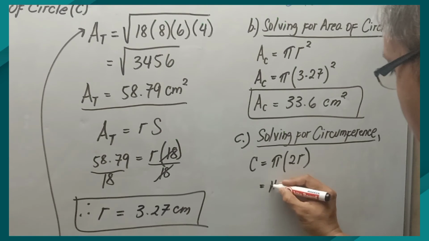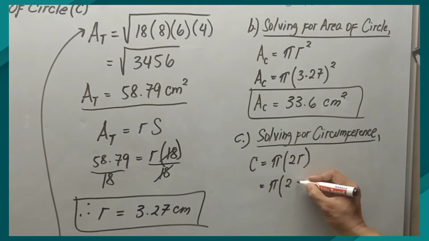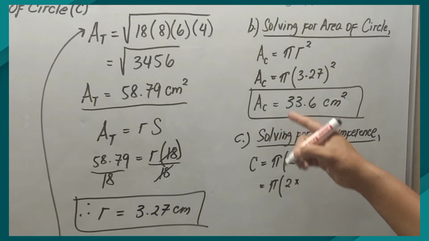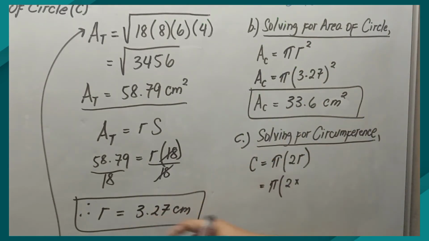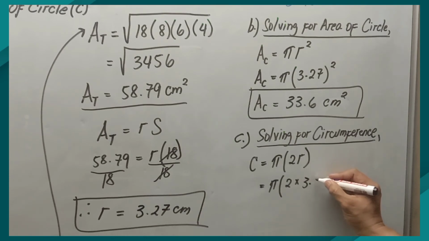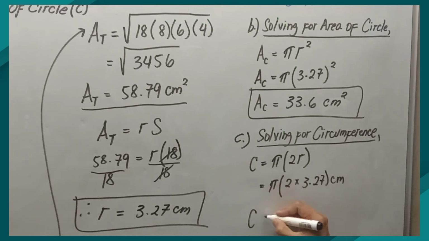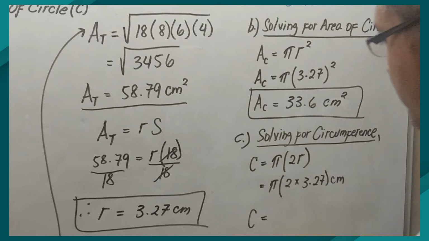Pi times 2. Okay, how much the radius? 3.27. Okay, centimeter.